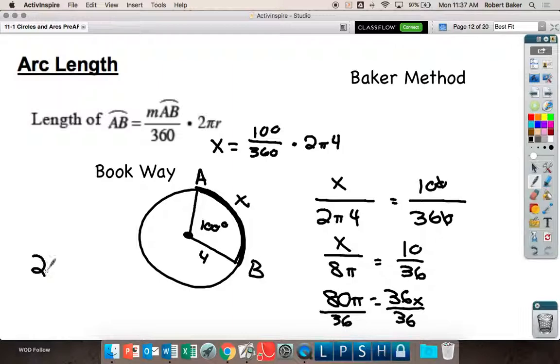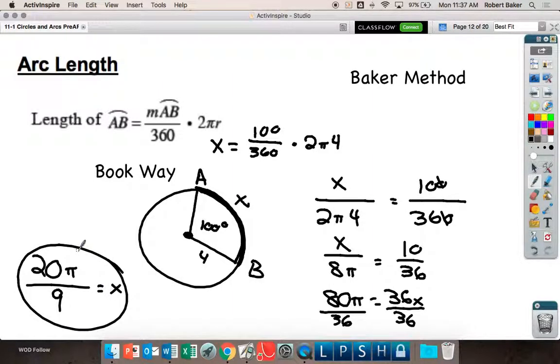So that's 20 pi over 9. Simplifying the fraction. So right now we're trying to find this length, and we're using a proportion. And I gave you a nasty number so you couldn't find any shortcuts. Let's jump to the next one.